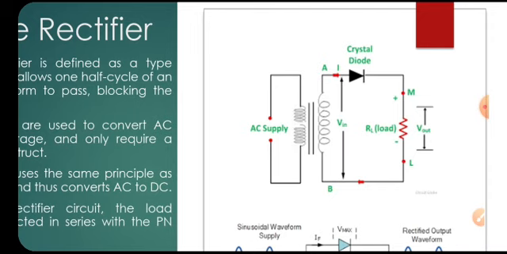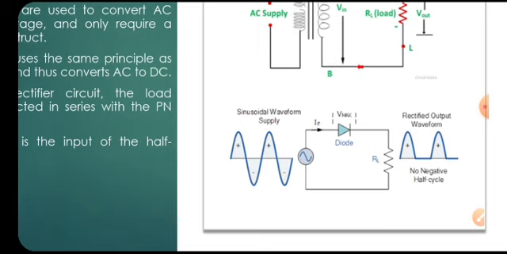For the other half of the cycle of the AC input voltage, the diode is in reverse bias, so there is no current or output signal; the negative half cycle of the input signal is blocked. Hence the output is only during the positive half cycles of the signal.